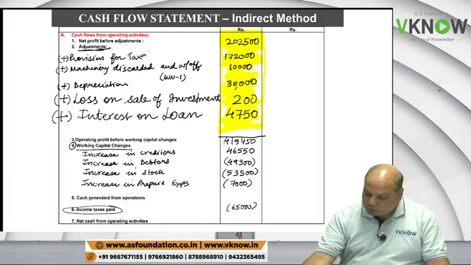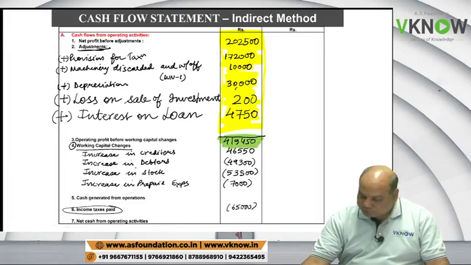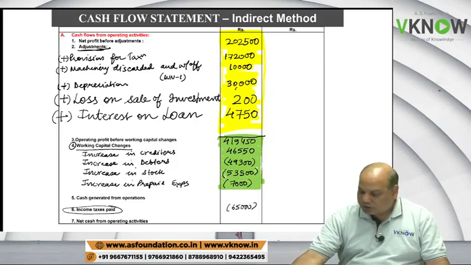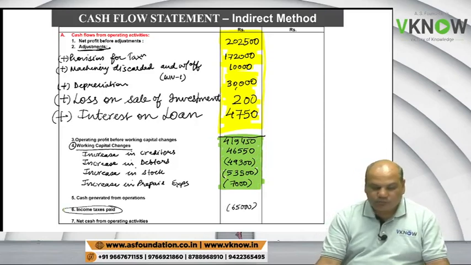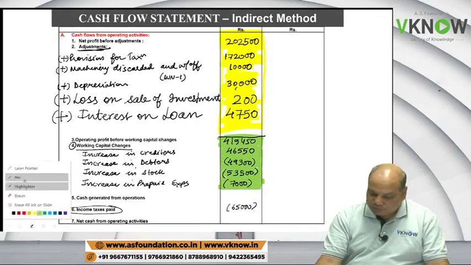Now you tell me the total of these five items, which will give me cash generated from operation. Cash generated from operation. Chetan is right.